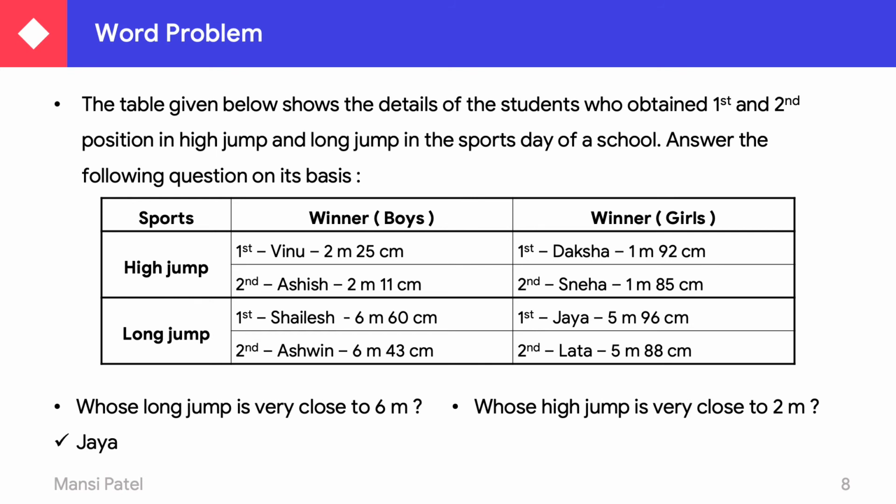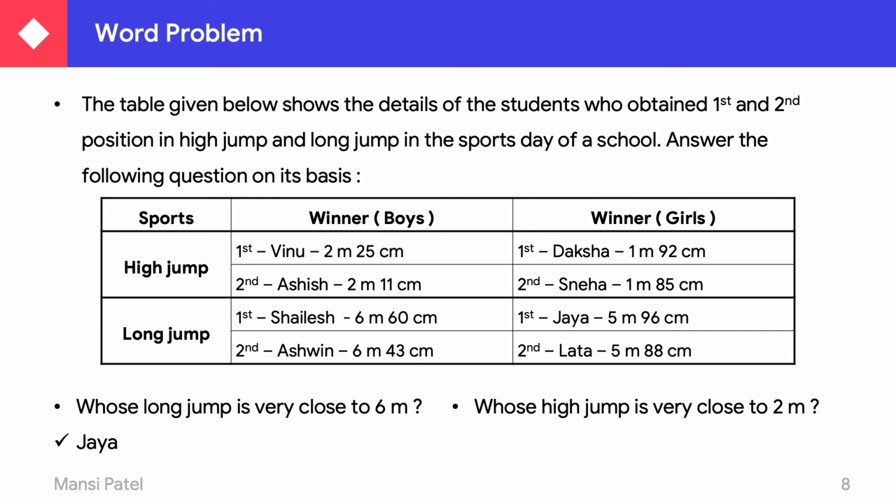Now let us see another: whose high jump is very close to 2 meter? In this also, which measurement do we have to write down? The measurement which is very close to 2 meter. We can't write down the number which is bigger than 2 meter.